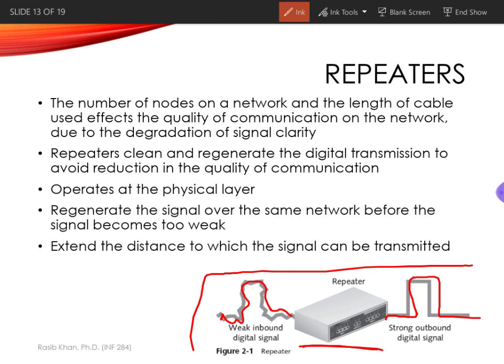The reason we have the signals weakening is because as the number of nodes and the length of the cable increases, the overall quality of the communication is degraded. And the degradation of the signal clarity affects the overall performance of the network. And that is the reason why repeaters are utilized, so that they can clean and regenerate the digital transmission, so that the signal is able to travel to a further distance.